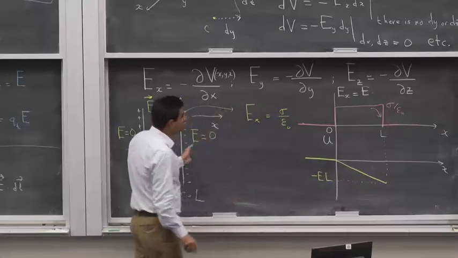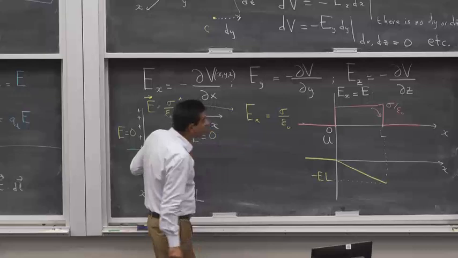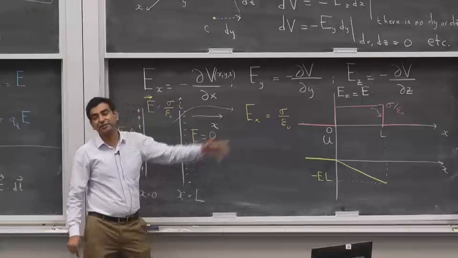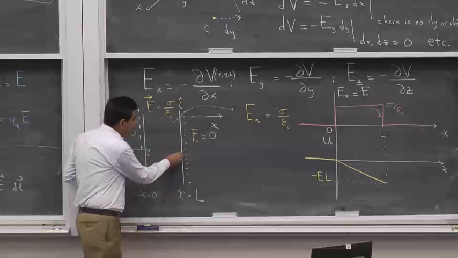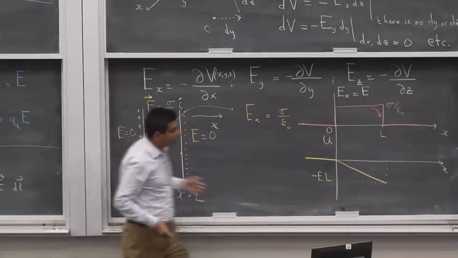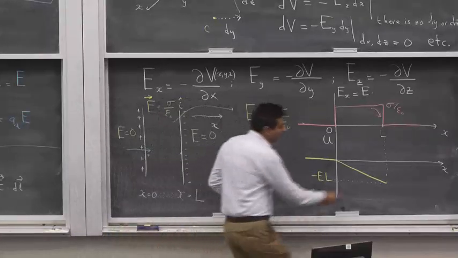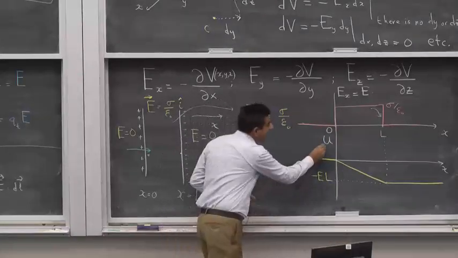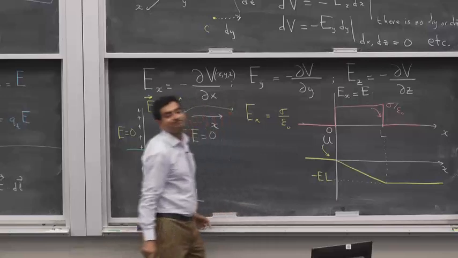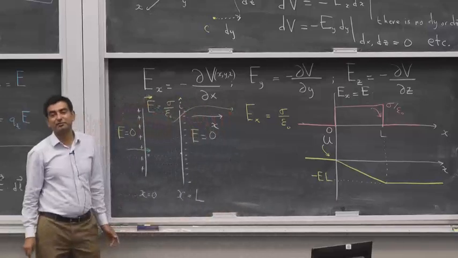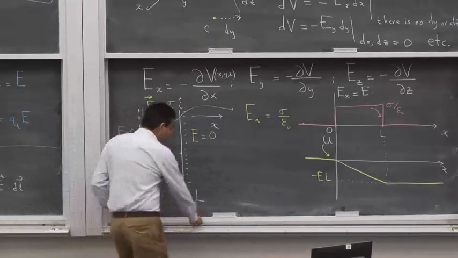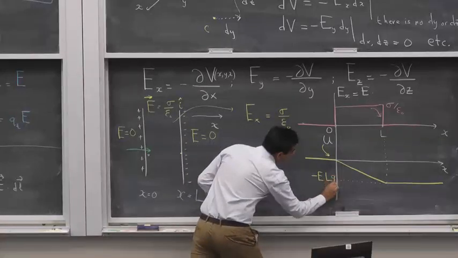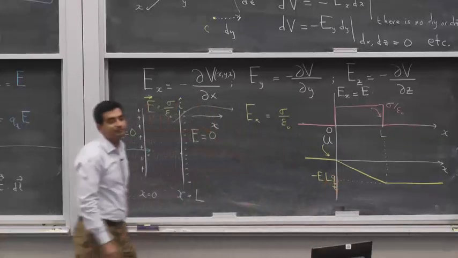And then here there is no electric field, so its kinetic energy does not change because it does not see a force here, so its potential energy does not change when it comes out of a tiny aperture here. So its potential energy remains constant then. So I just put in a straight line here. So this is the graph of the potential energy of a test charge. This is minus EL times the amount of the test charge, Qt.